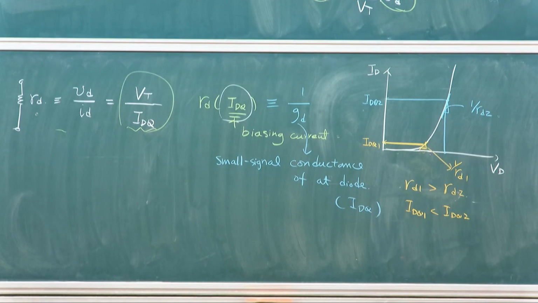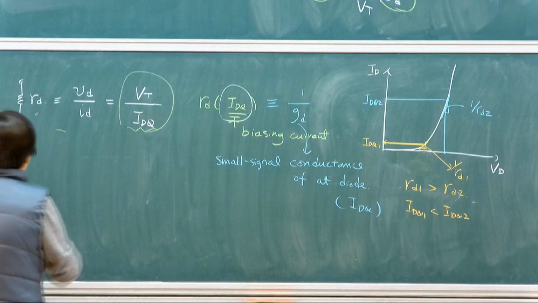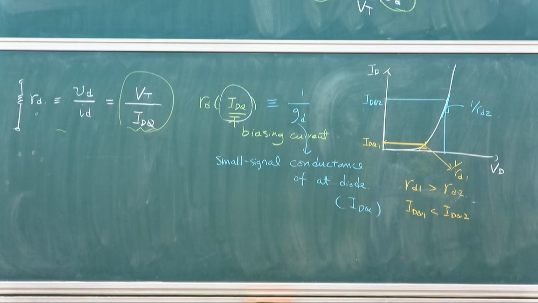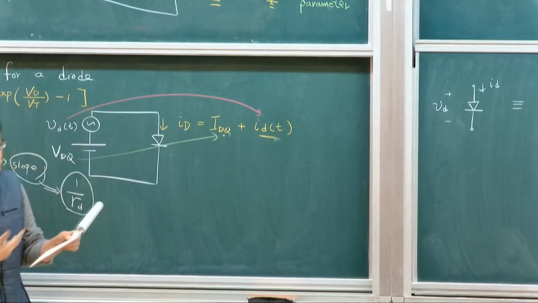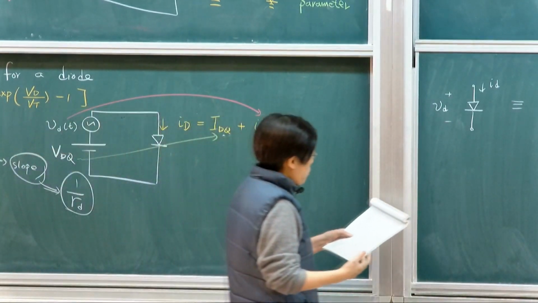So what we're going to do, once we have already established the model, is an exercise. The basic idea is that through this small signal model, you want to find the corresponding output through this circuit.